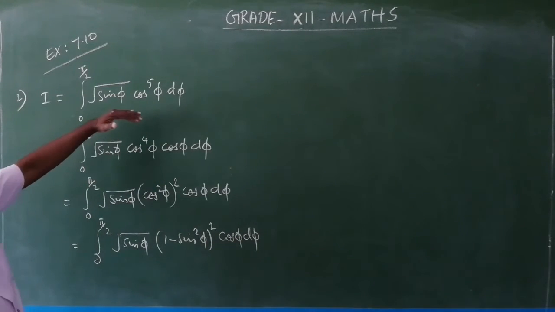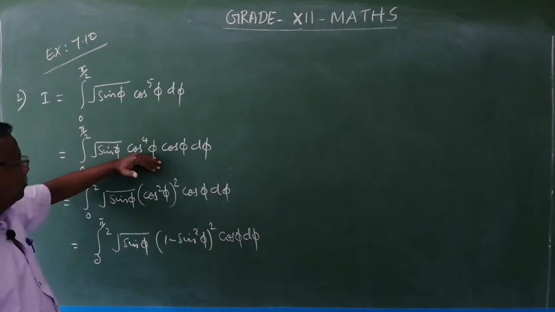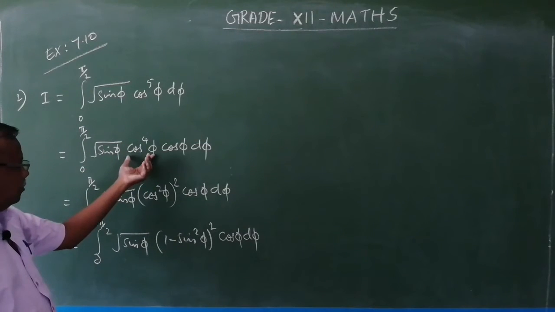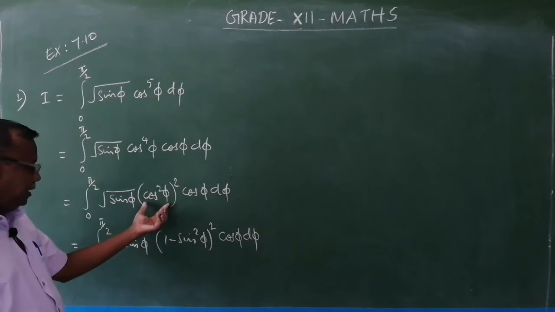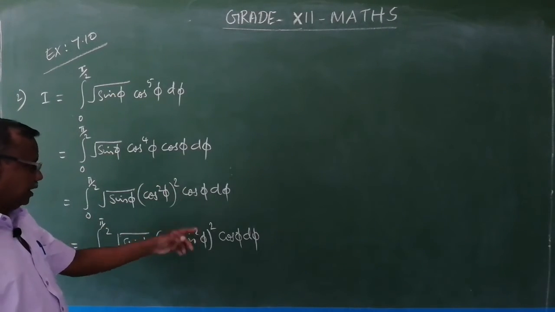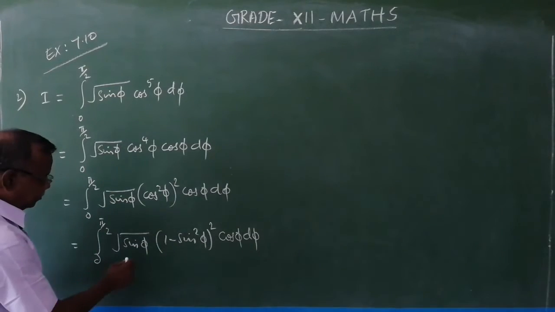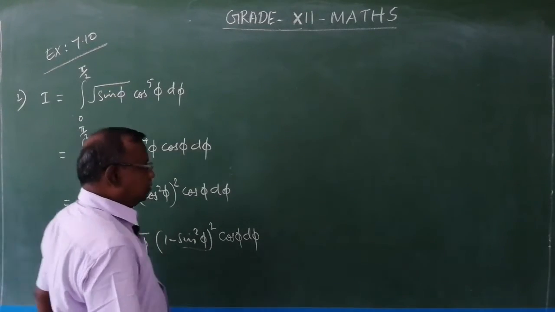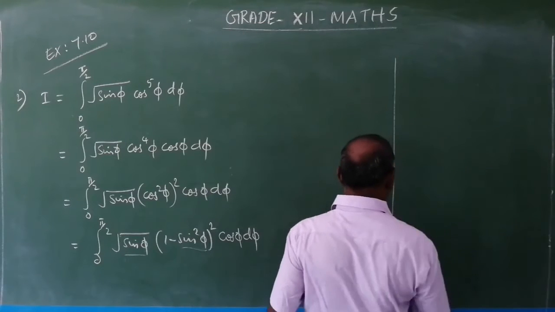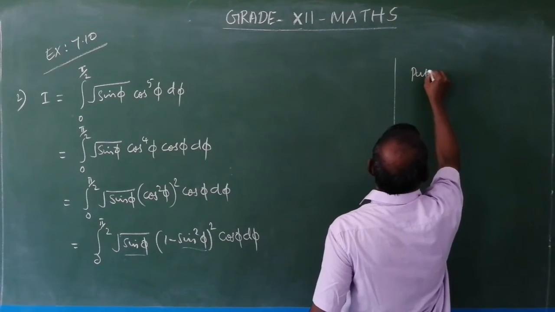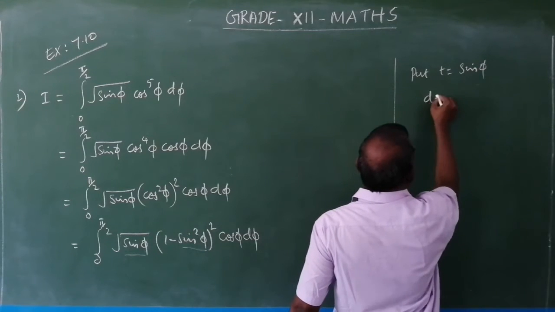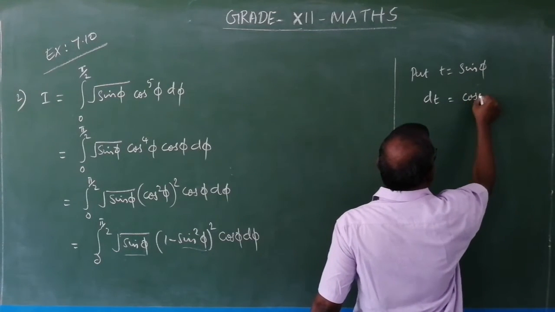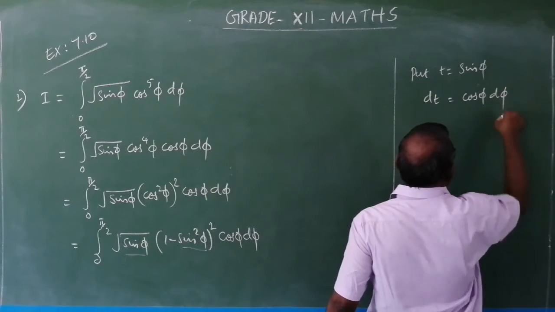So first split it: cos power 4 phi into cos phi, and cos power 4 phi becomes cos square phi whole square. So cos square phi equal to 1 minus sin square phi, the whole square into cos phi d phi. Let us substitute for sin phi. Now put t equal to sin phi. So dt equal to cos phi d phi.